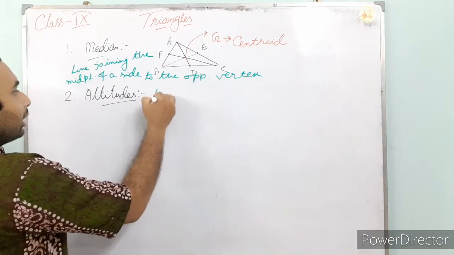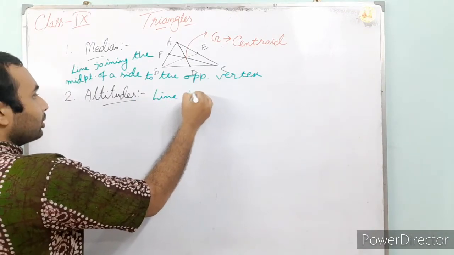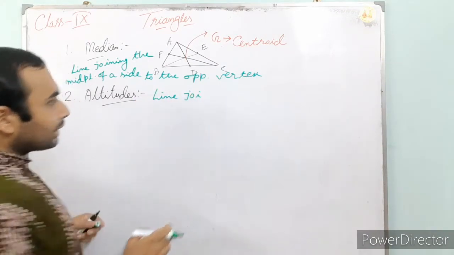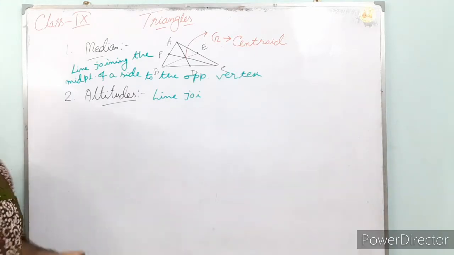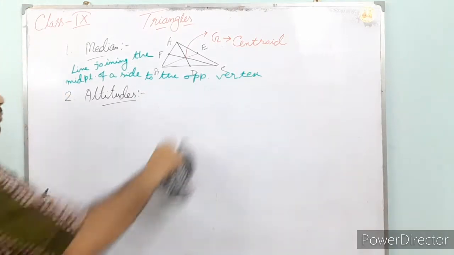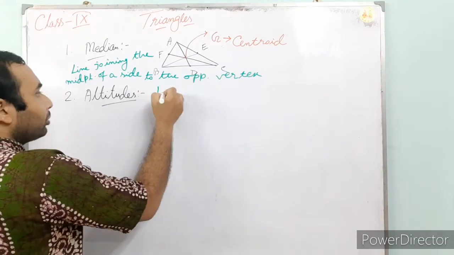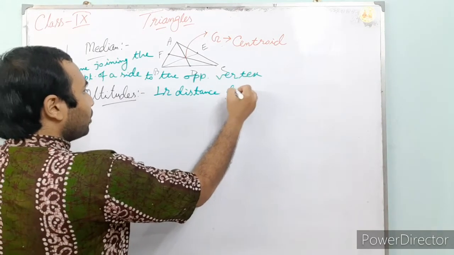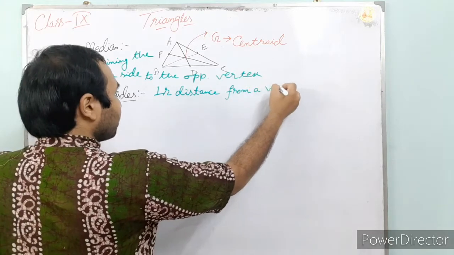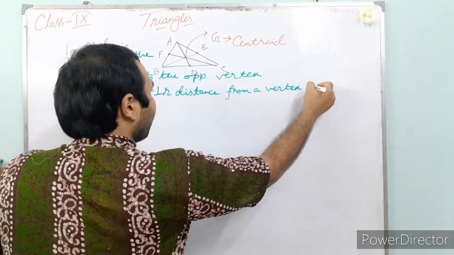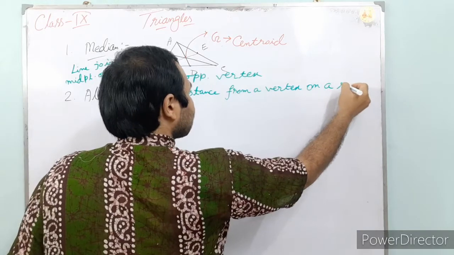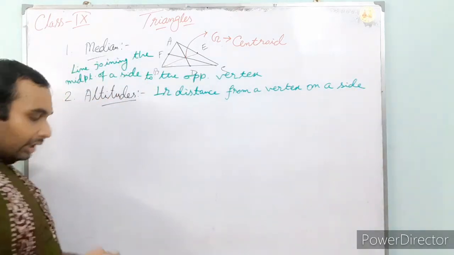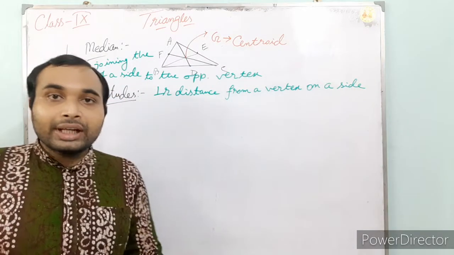Altitude means, you can say not the line like that, you can say it is the perpendicular distance from a vertex on a side. That is the altitude of the triangle.